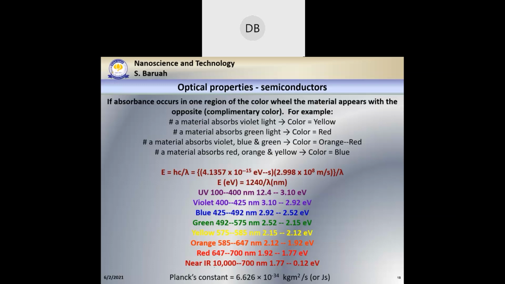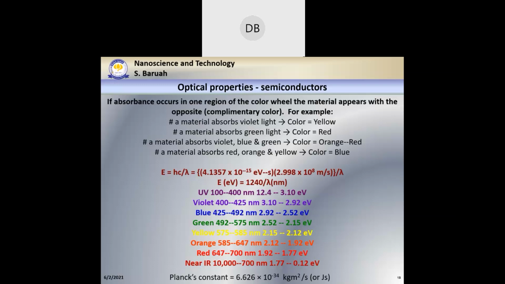And infrared. When we use the term near, it means very close to red, just after red. Similarly, we say near UV, which is just close to UV, and far UV. Similarly, we say near IR and far IR. So 700 is red, and beyond 700 we call it near IR.